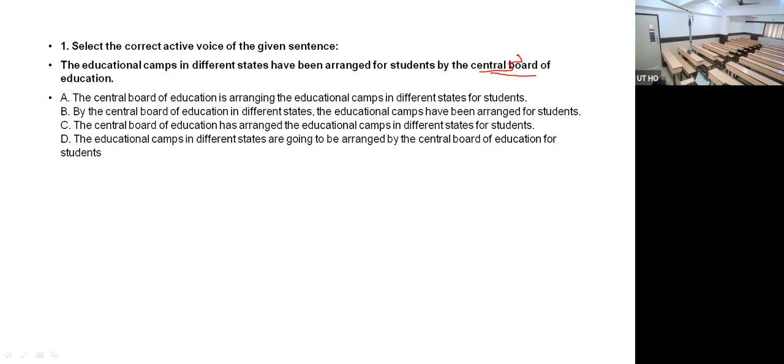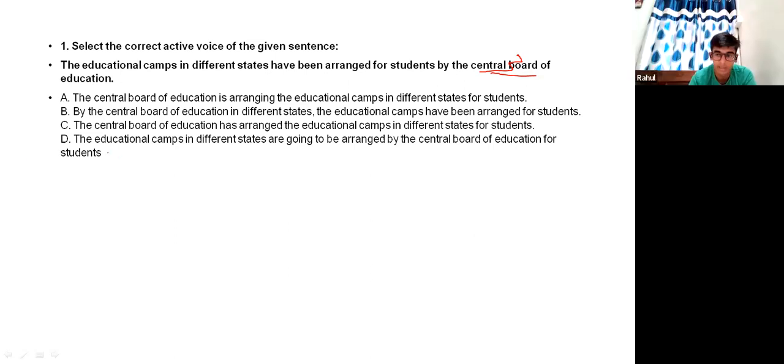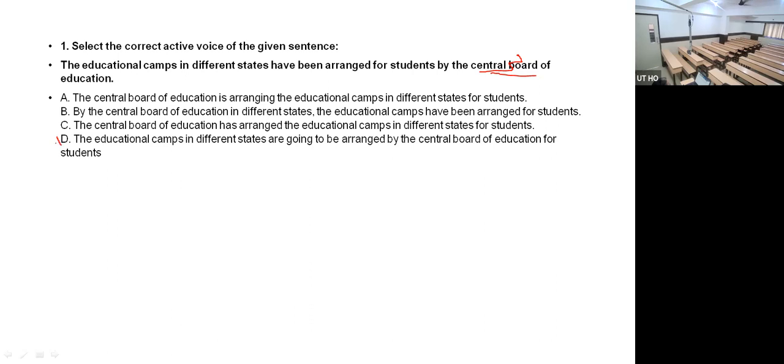The sentence given is in the passive voice. So we need the Central Board of Education coming first. Now, what can you eliminate first? The option B, the first part of the sentence will tell you, "the education camps are going to be arranged," gone. Then "by the Central Board," gone. You have A and C. Between A and C, which one is correct?